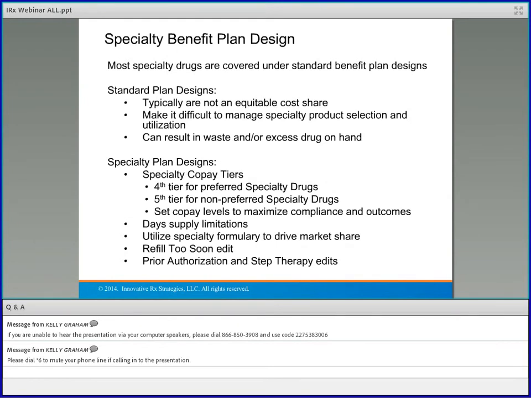And then prior authorization and step therapy. I think the specialty pharmacies really want to look at that. As Michael mentioned, you want to make sure the people are on the medication and it's appropriate for them. So a lot of times you want these things to have a prior authorization. You want someone to actually look at the medication to make sure, for example, if they're on Kalydeco, which is a drug for cystic fibrosis, really only about 5% of the patients that have cystic fibrosis have the right genotype to qualify for Kalydeco.